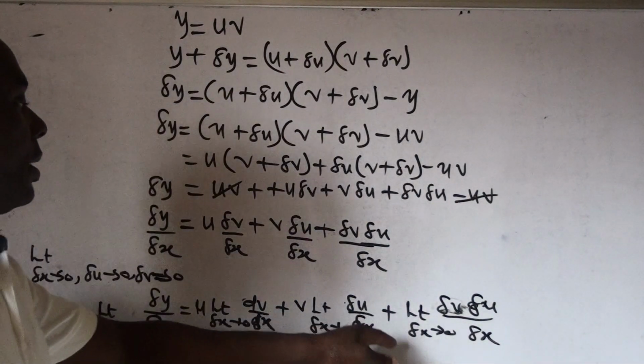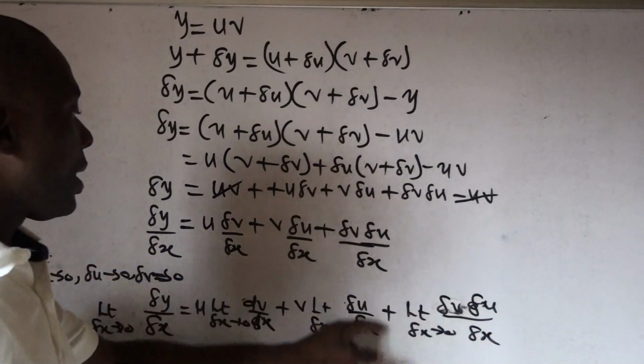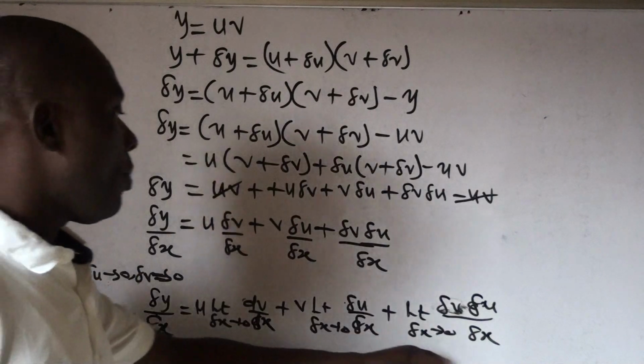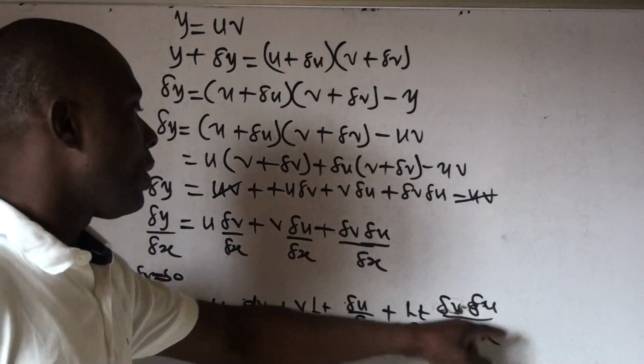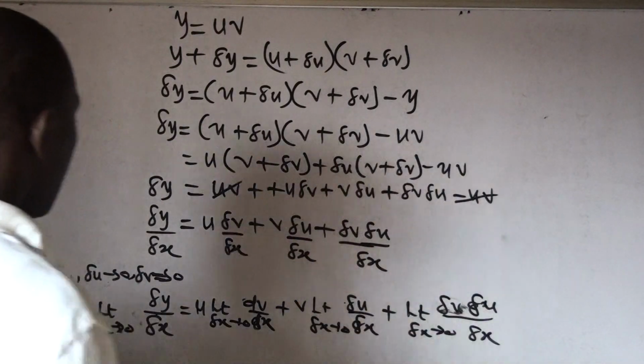Here, this limit is a constant. And as delta x tends to 0, this becomes 0.